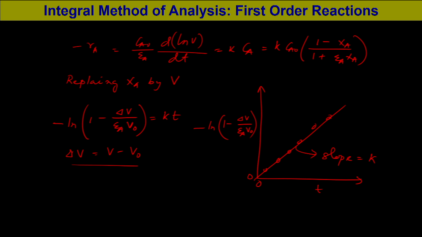If it passes through the origin with a straight line fit, then it follows first order kinetics. So, this way we can solve the first order reactions for the varying volume systems.